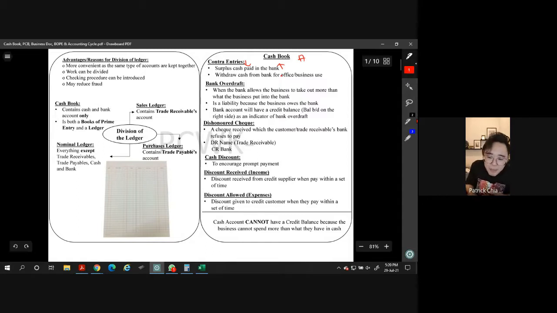If it's asset plus, we need to DR. If it's asset going minus, we need to CR, remember? So for this part, I can safely tell you that the cash book is money as asset. So we can tell ourselves DR means money in because we got more money, and CR is money out. We are paying, so less money. You can tell yourself this, then it's easier also.